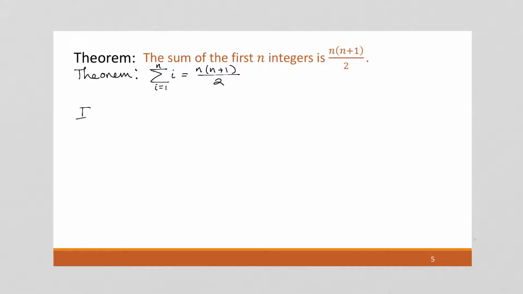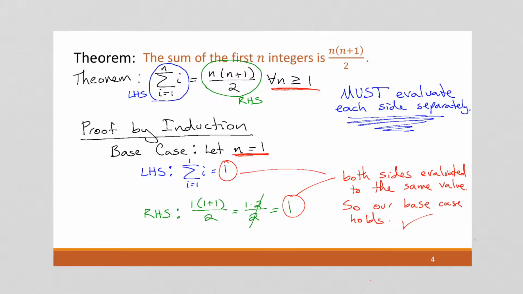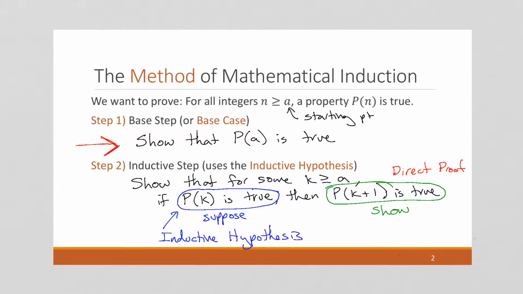Okay, so our inductive step, recall that we want to show, let's go back and take a look here. We want to show that for some value of at least our initial value, if the property is true for that value, then it's true for the next one.